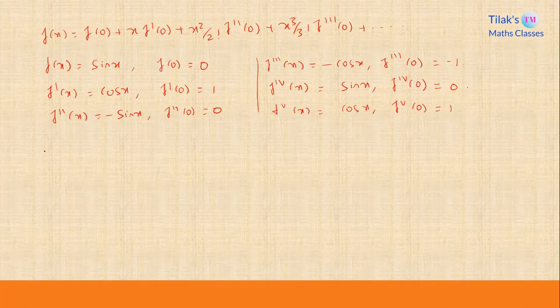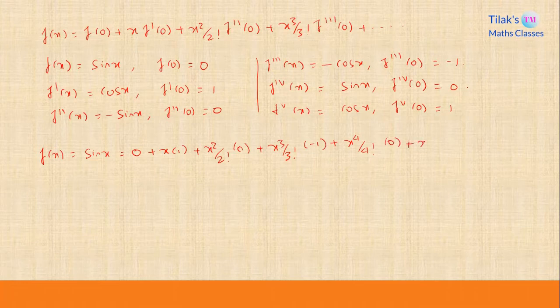Now if we substitute, we will get f of x is equal to sin x is equal to f of 0 is 0 plus x into f dash of 0 is 1 plus x squared by 2 factorial f double dash of 0 is 0 plus x cubed by 3 factorial into minus 1 plus x power 4 by 4 factorial into 0 plus x power 5 by 5 factorial into 1 and so on.